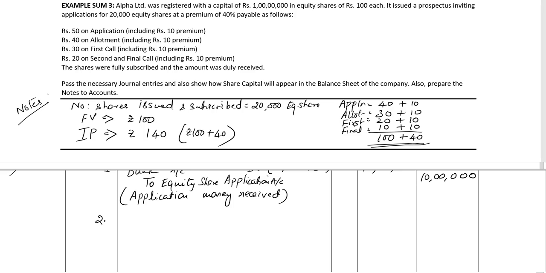Second entry is to transfer share application money to share capital and securities premium reserve.